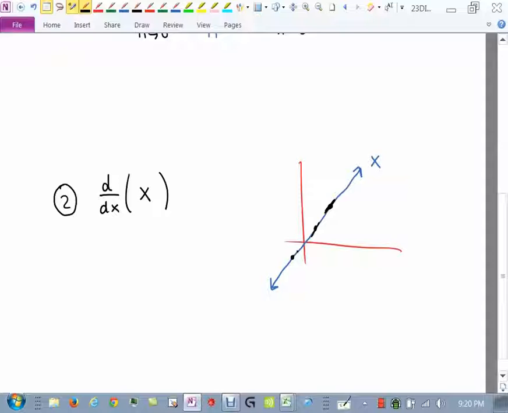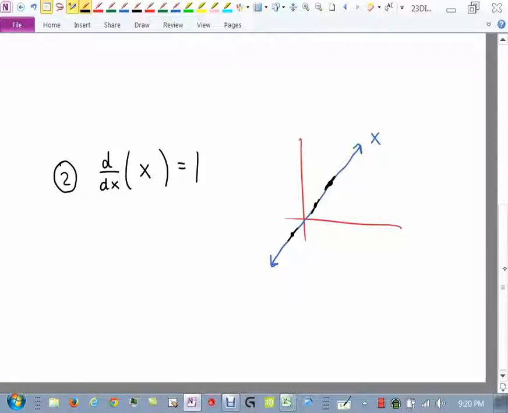Now, how can we show that? Again, the derivative will be the limit as h goes to 0 of f of x plus h minus f of x all over h. Now keep in mind the function we're actually using here is the function f of x equals x.